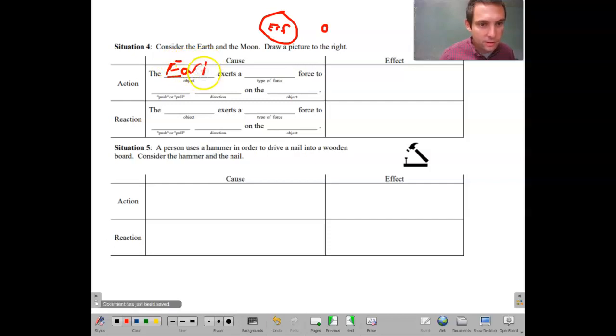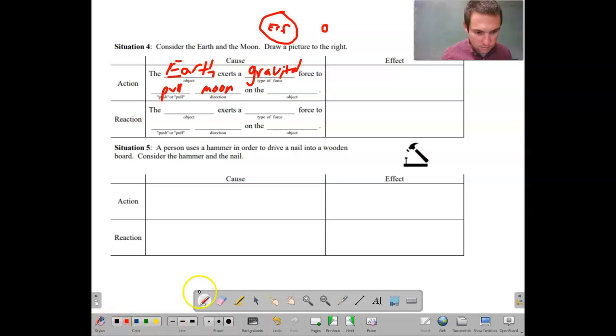We know the Earth exerts a gravitational force to pull the Moon. Oh, sorry. We need a direction in there. I can't read. Pull right on the Moon.